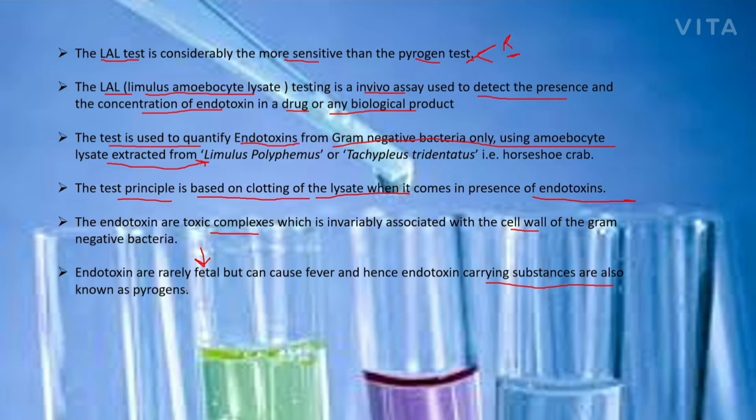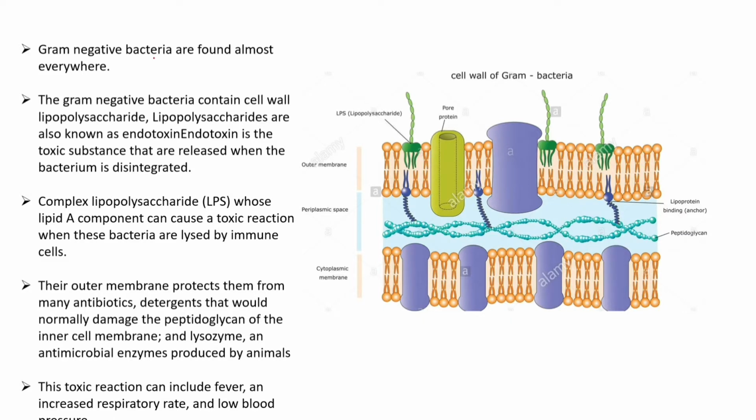as pyrogen. So I said that bacterial endotoxins are a constituent of the cell wall of gram-negative bacteria. Gram-negative bacteria are found everywhere, and a famous example of this is E. coli.